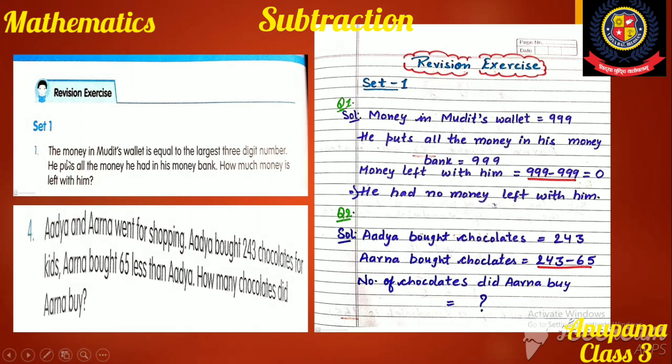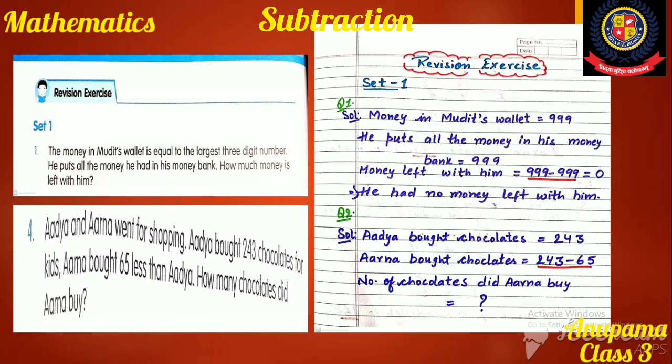So read the question. Question 1 is, the money in Mudit's wallet is equal to the largest 3-digit number. Okay. He puts all the money he had in his money bank. How much money is left with him? So money in Mudit's wallet is equal to the largest 3-digit number. Okay. So here we will write money in Mudit's wallet equal to, what is the largest 3-digit number?